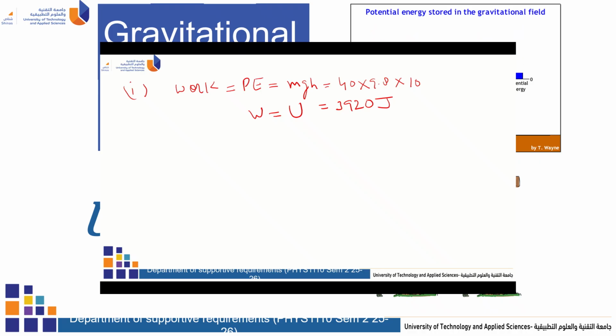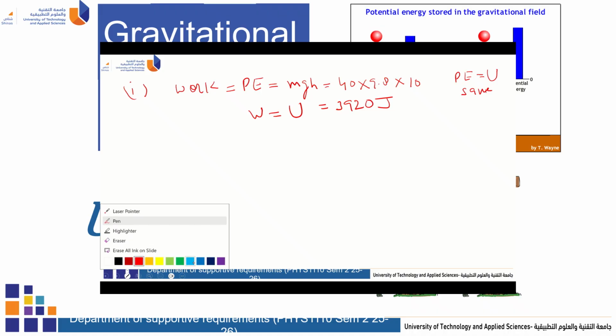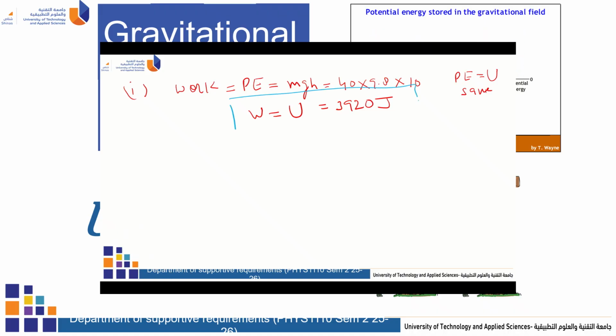Sometimes I can show the potential energy by PE, or sometimes by U. They have the same meaning, they are the same only. So this is the value of the work or the energy. This is the answer for part 1.